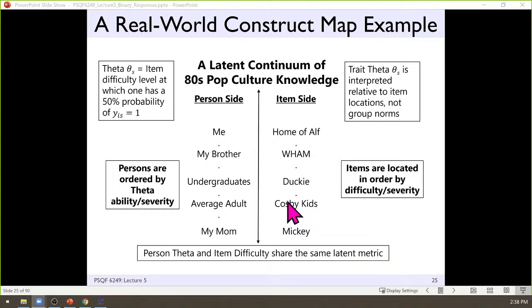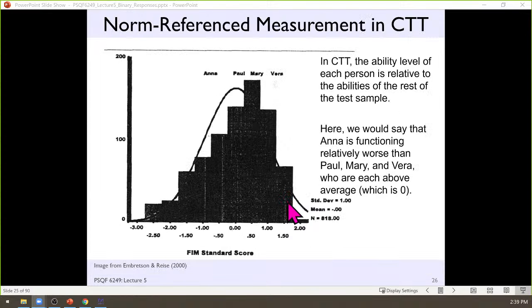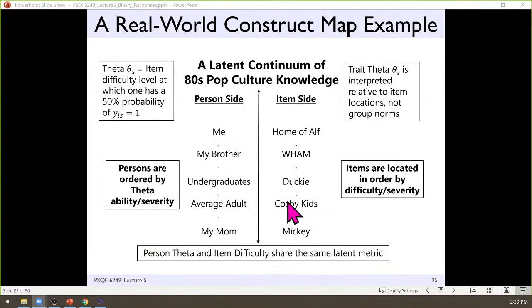So once we fix the mean and variance of theta, then all of the locations of these items relative to that fall into place. I could fix the mean to be 10 and the variance to be 100 if I want. It doesn't matter. But so long as we nail something down, everything else arranges itself relative to that reference point. All right. How are we doing?